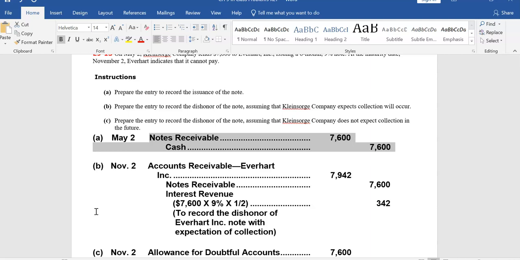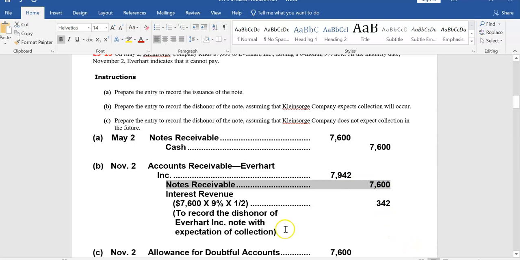Everhart still owes that amount, but technically it's not a note receivable. It has now become an account receivable. That means we have to decrease the notes receivable because it no longer exists. So to decrease the notes receivable, we will credit it $7,600. We are going to put that back as an account receivable.